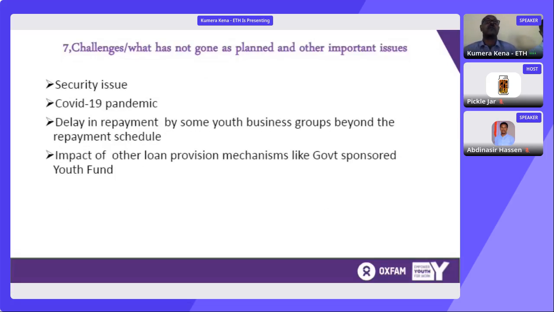Coming to the challenges, we have been facing security problems. There is also the COVID challenge. Regarding the security issue, we have been operating when the security problem is relaxed, to increase the pace of project implementation.